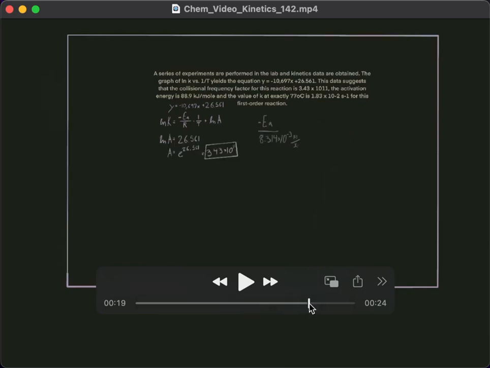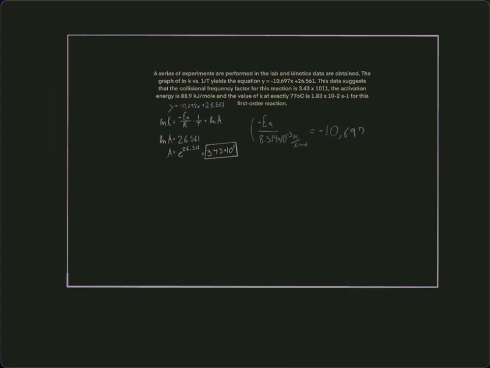Next, we can say that negative EA over R is equal to negative 10,697. But in this case, R is times 10 to the negative third. Why is that? That's because we're working in kilojoules instead of joules. So the universal gas constant, instead of being 8.314, an easy switch from joules to kilojoules is to just make it times 10 to the negative third.